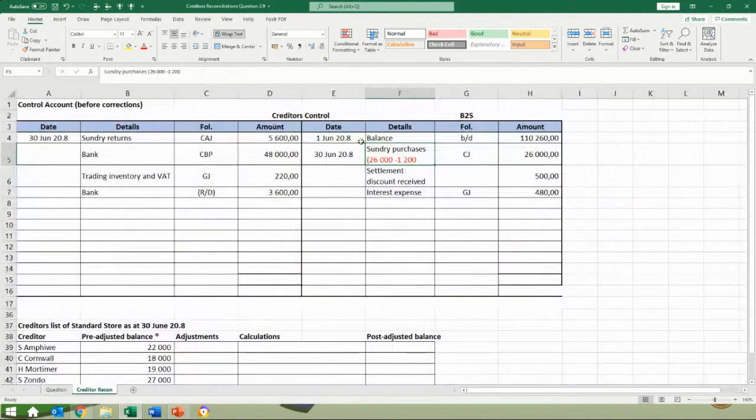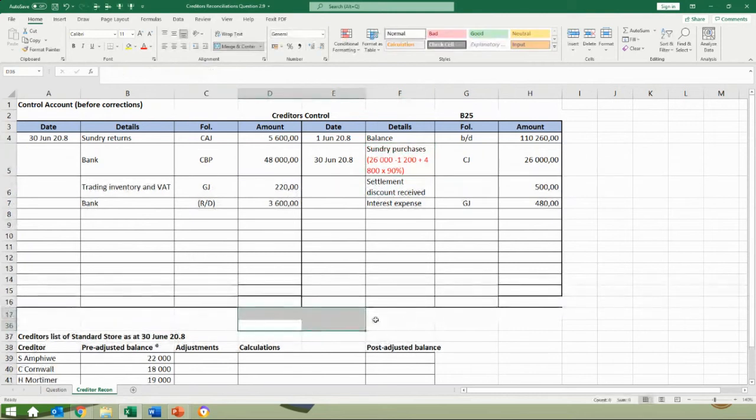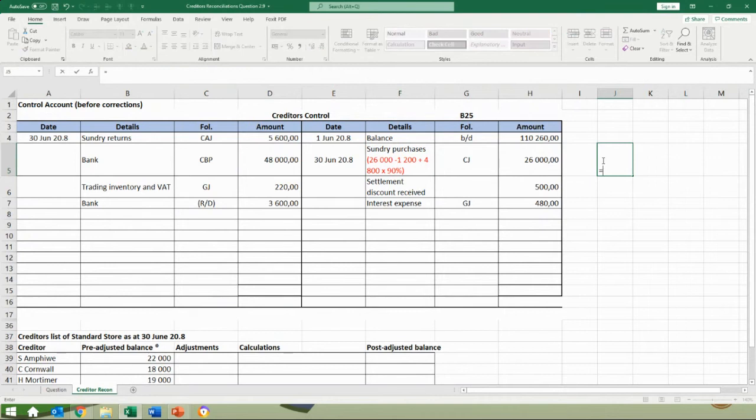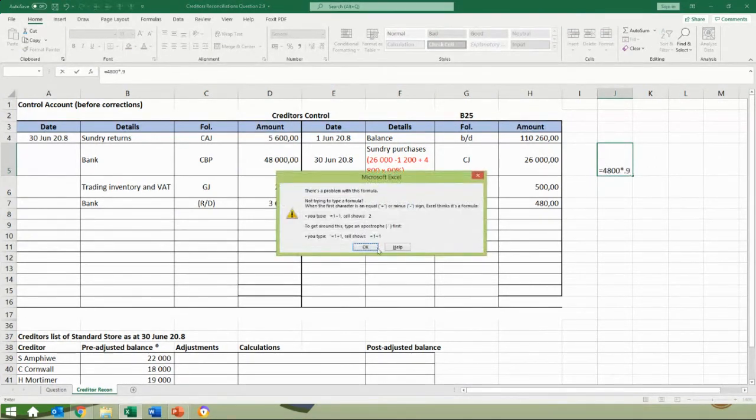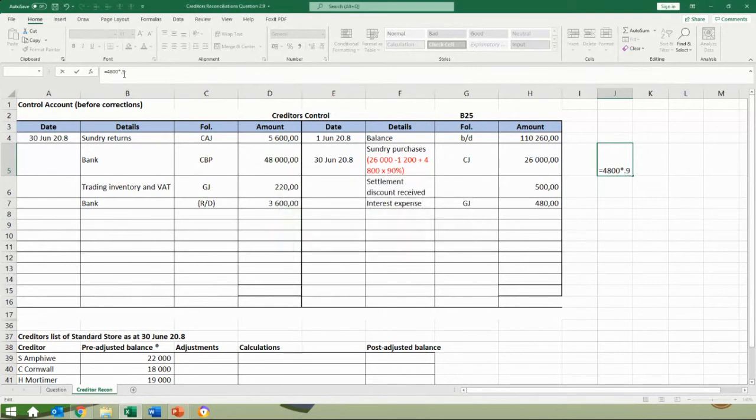So that means when we add it to our creditors control account, we take the 4,800, but we multiply it with 90% because we are removing the trade discount portion amount of it. So let's quickly just do the calculation here on the side. Then you get an amount of 4,320.